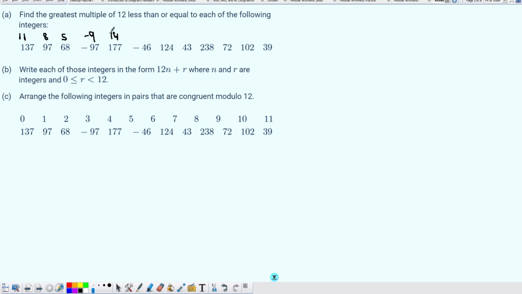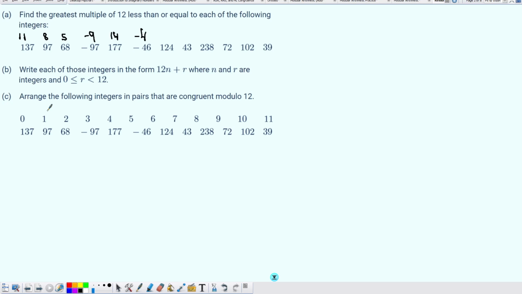Negative 46. 12 times 4 is 48. So 12 times negative 4 would be negative 48. So that is as close as we're going to get while being less than negative 46.